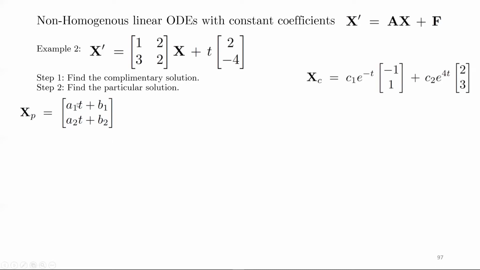Remembering that if we have a first order polynomial, we must also include the 0th order term. For example, if we had a t squared, so a second order polynomial, I would include all the terms in the second order test solution.